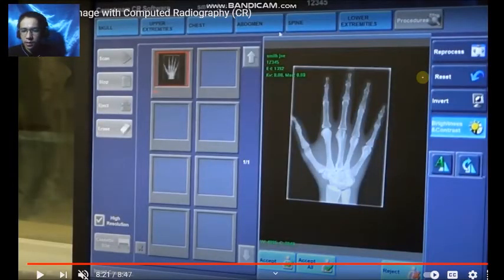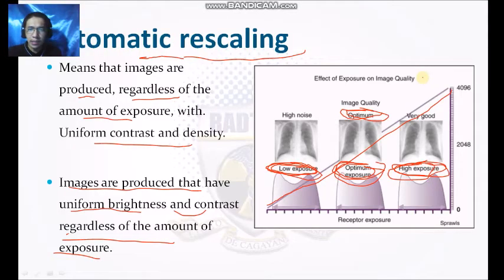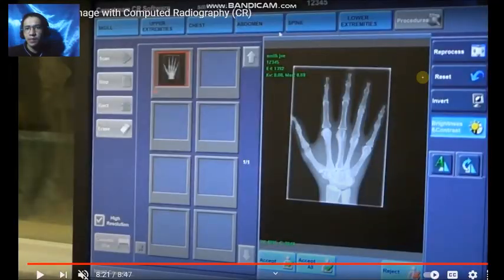So how is this automatic scaling being integrated into the computer system? This is an example, a screenshot rather than a video, of how the automatic scaling system can be integrated. This is the general idea.